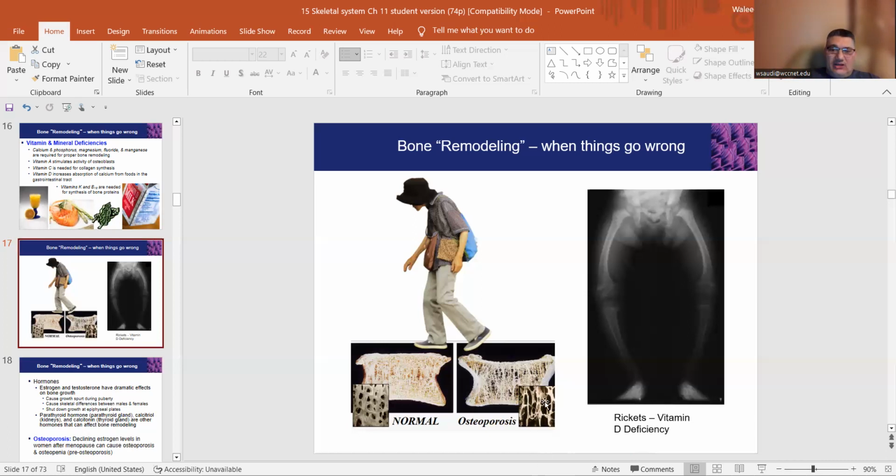So if that's the case, look how the bone will look. We call this osteoporosis. Look how the bone is porous, containing a lot of pores compared to this. Look at this versus this. This is called osteoporosis, and this is due to the drop in reproductive hormones, the sex hormones, estrogen in females, testosterone in males. Look how it looks. Because the sex hormones were stimulating the bone builders.